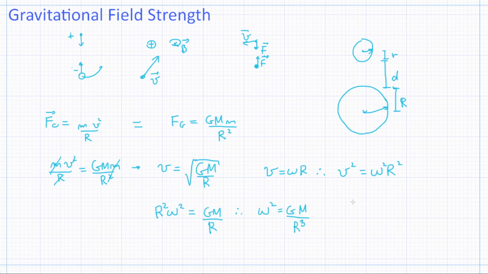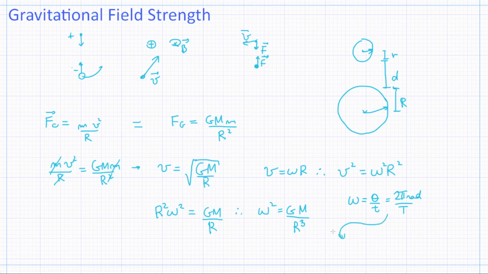Now, if we remember that our angular speed is angular displacement over time, and that should also be, if I take a full turn, which is 2 pi radians, I would take my period in time to make that full turn. So if I take this relation here, I can get my period as my subject.